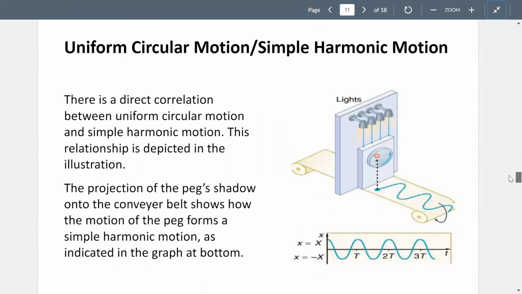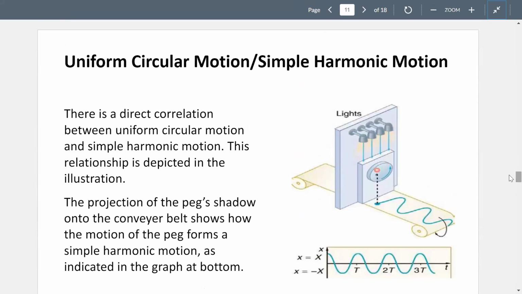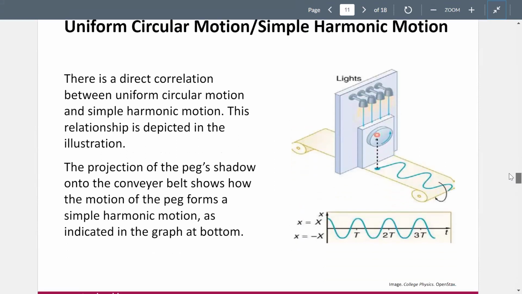So I also mentioned to you that there is a connection between circular motion and simple harmonic motion. Circular motion is periodic. Simple harmonic motion is periodic. They both have a period, right? So what's the connection?